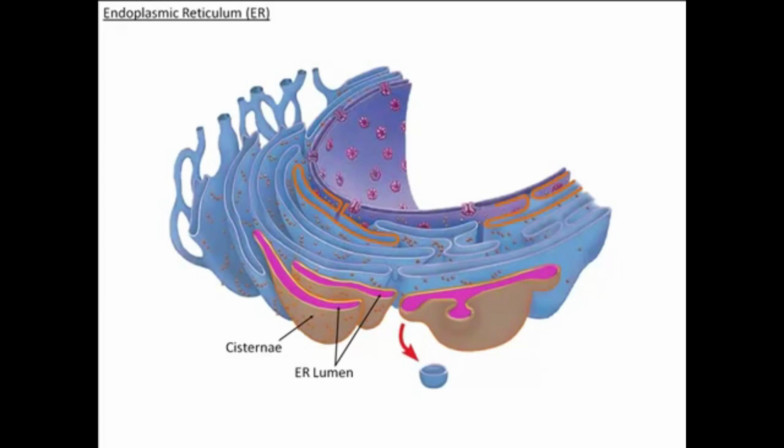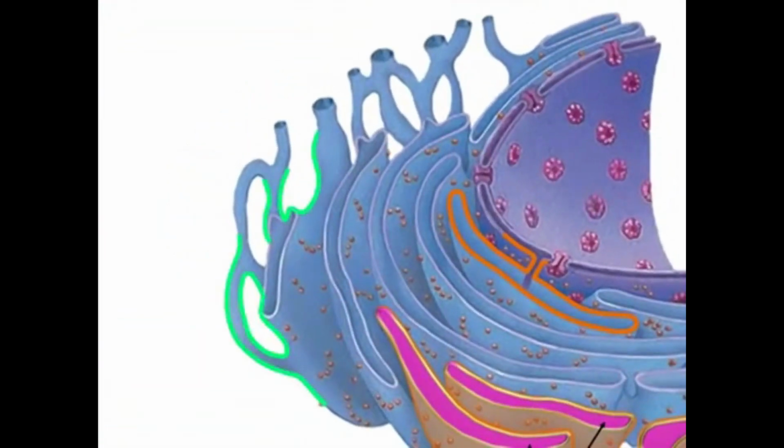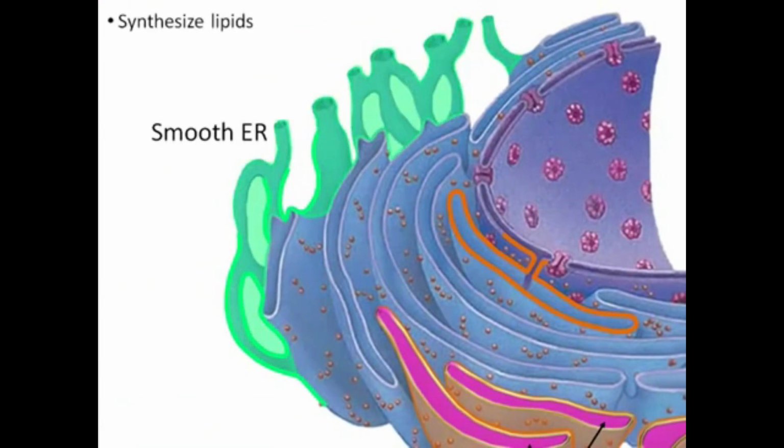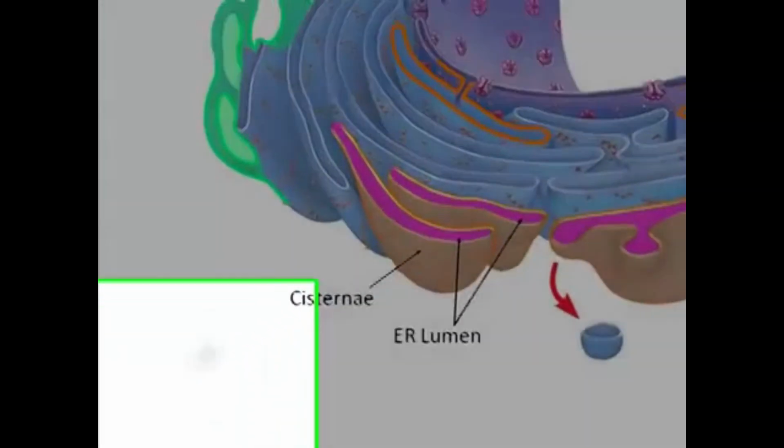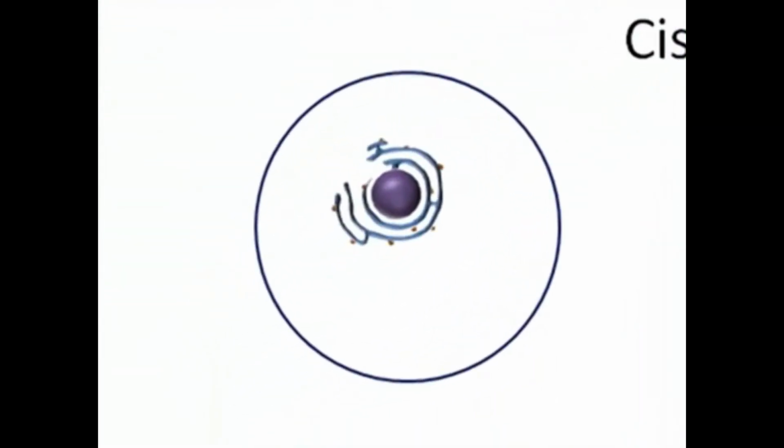And the ER is divided into two different sections, the smooth ER and the rough ER. The smooth ER, shown here, is responsible for synthesizing lipids, metabolizing carbohydrates, and detoxifying drugs and poisons. If you take a look down here, we'll illustrate how the smooth ER detoxifies.